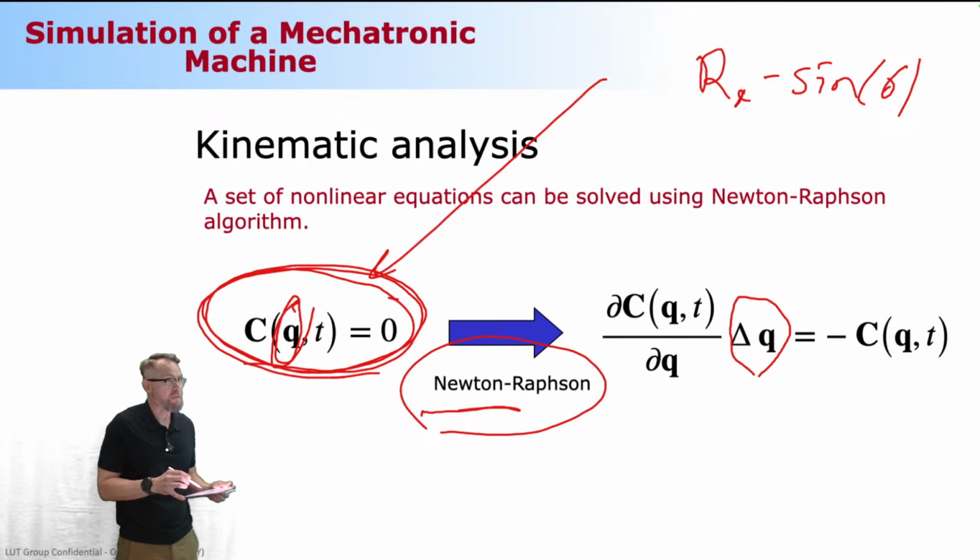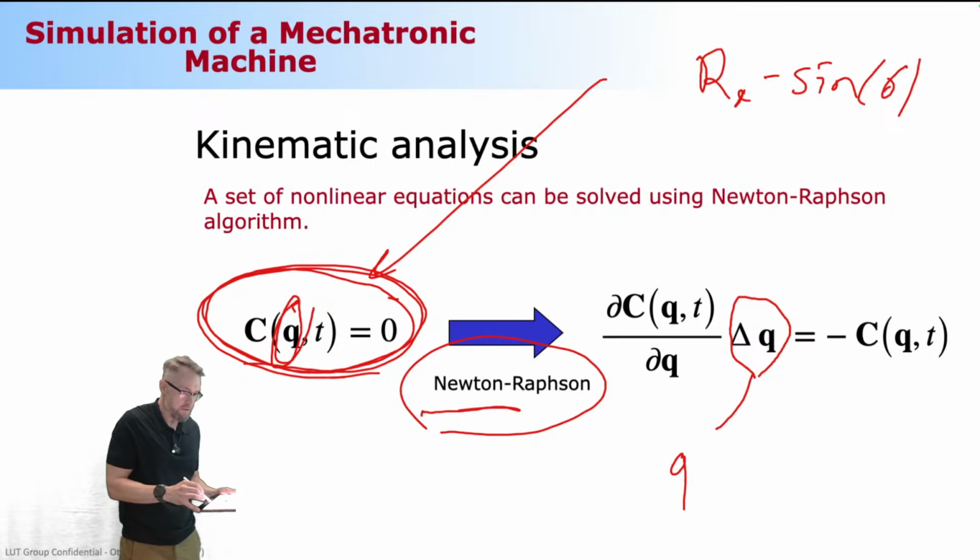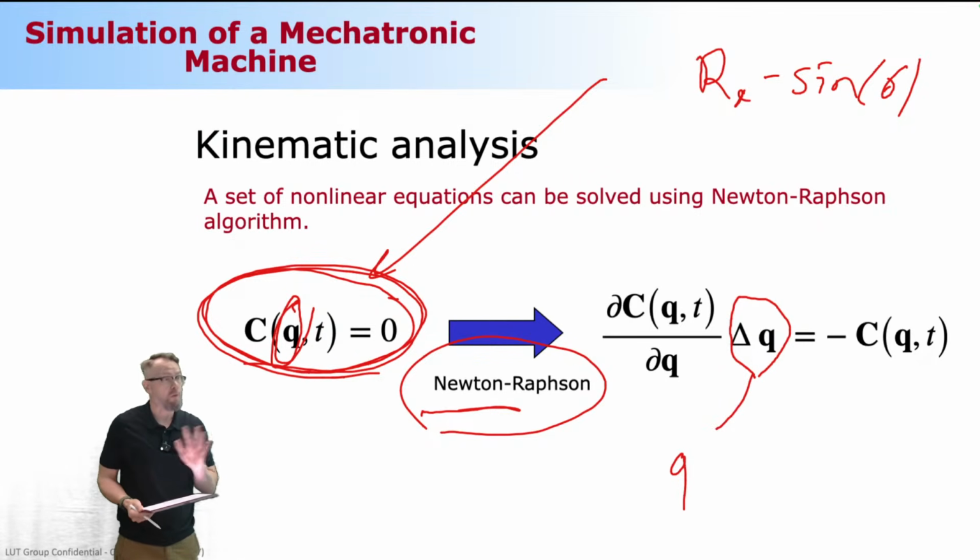The Newton difference is not the solution of anything at all, but is a way to solve the system. This is a direction to solve position level analysis. It gives me the way this original vector Q can be updated to get a better solution. And you keep on repeating this until you reach the level of accuracy that you are comfortable with. That's going to be the method behind.